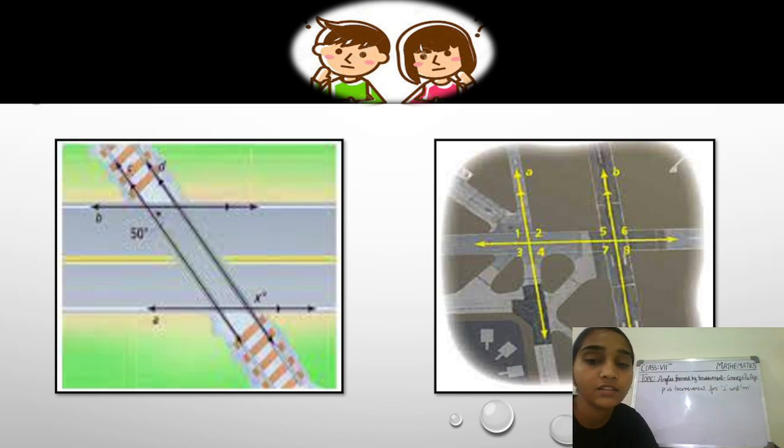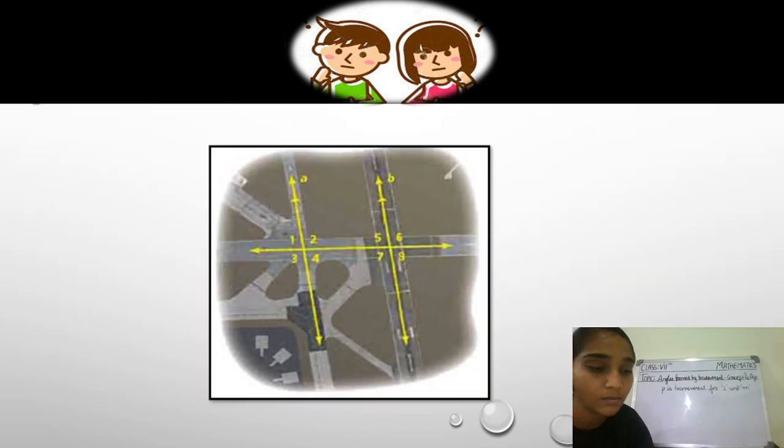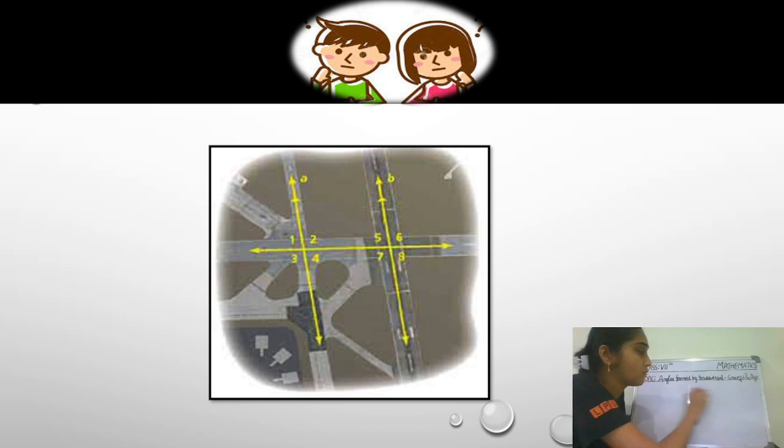So now, let us consider only this image, focus on this image, and we are going to do some questions related to this image. Okay, first, what are the interior angles in this? Yes, so one by one we will write down the interior angles over here.